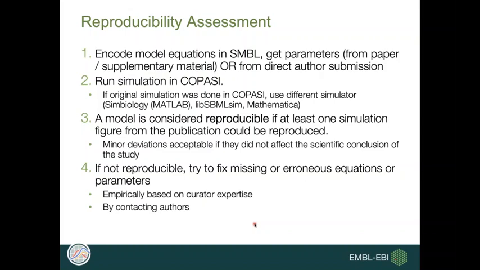If there's any mistake in the sign of the equations in the manuscript, we try to fix it, and so on. If we manage to fix it, then it's good. Then we say this is reproducible with additional effort. And then we also try to contact the authors and see if they provide extra information. Then we try to reproduce the model and tag it as curated, but we don't get a response all the time.